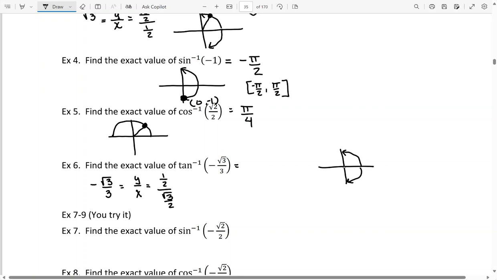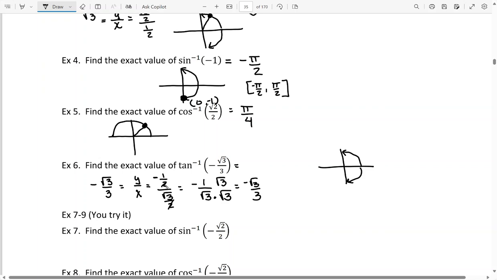Quadrant 4, the sine value is negative, cosine is positive. So a negative on the 1/2, positive on the radical 3 over 2. And if I do keep, change, flip, or cross out my 2's, this looks like negative 1 over radical 3. But if I rationalize, that's the same as negative radical 3 over 3.